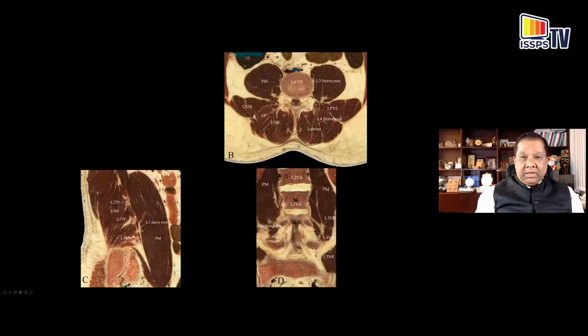So you can see this is the same point in the different anatomical sections, and you can validate what you are seeing and see its relationship to the different structures. You can see in the sagittal section to your left that the lumbar plexus nerves are indeed located in a very thin membranous compartment in the posterior part. So the posterior part of the psoas muscle is indeed very thin and membranous.